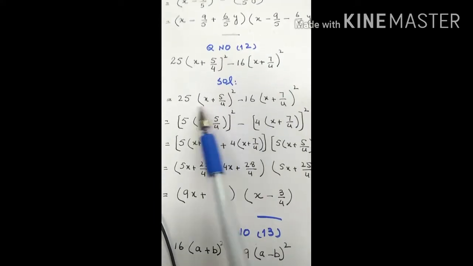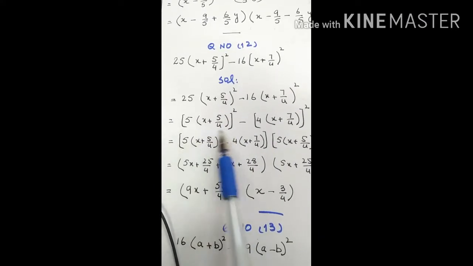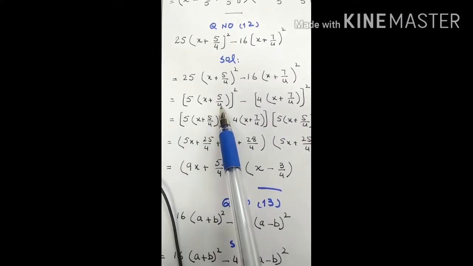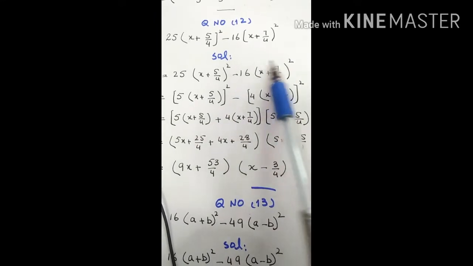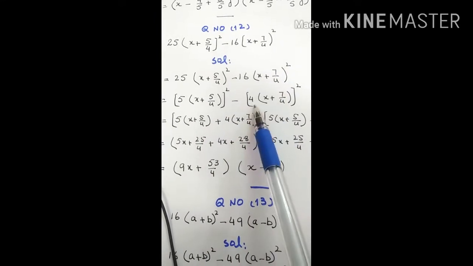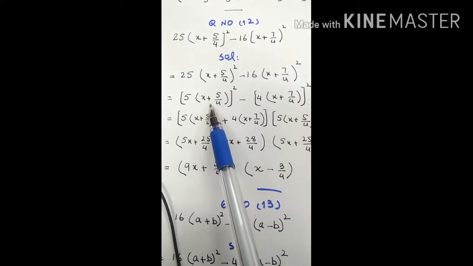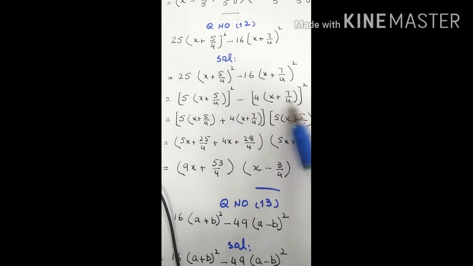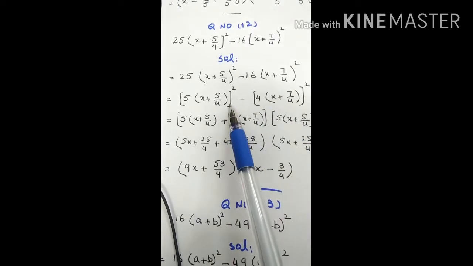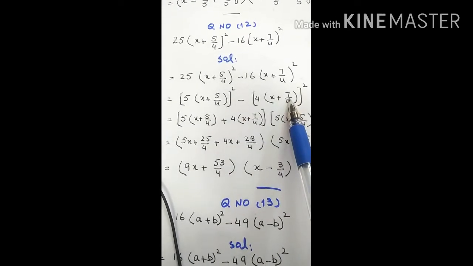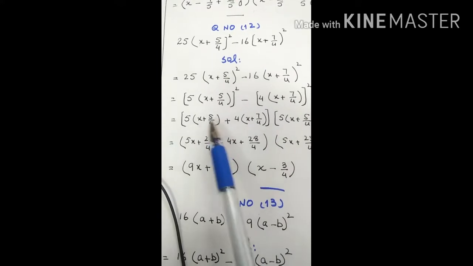Now see, this whole value has been converted into a single value a square, minus this whole converted into a single value b square. A square minus b square. Apply the formula of a plus b and a minus b.